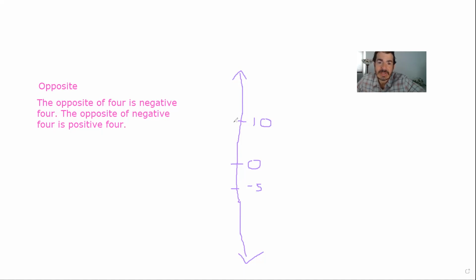We have 10 units here. So the distance 10 is from 0 is 10. And the distance 0 is from negative 5 is 5. So the distance from 10 to negative 5, if I add up those two distances, I'm at 15.